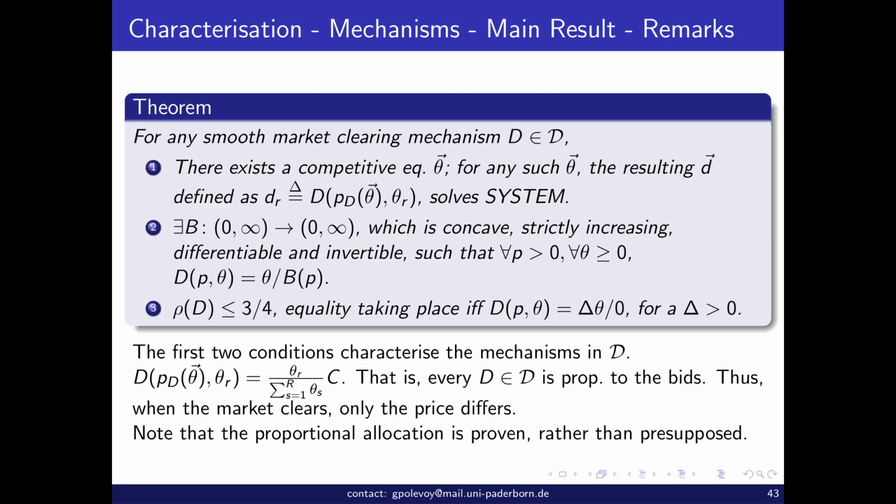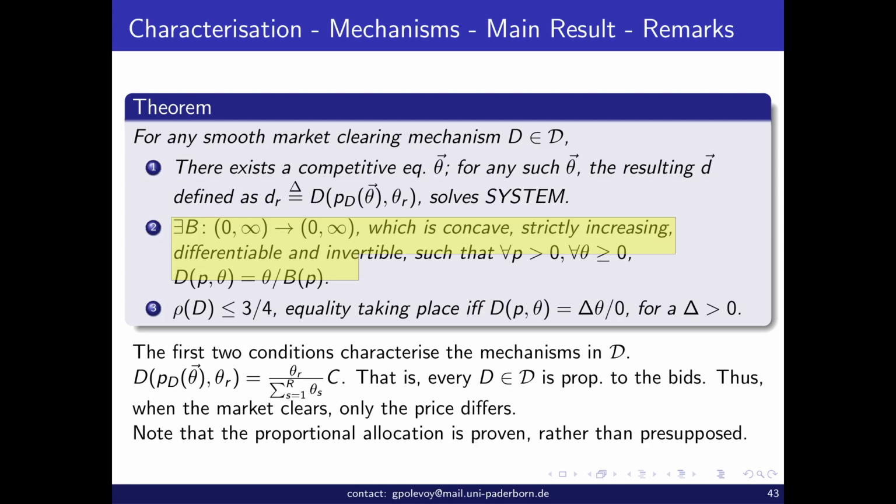Now the proportional allocation here is proven, because we have now shown it's based on 2, which will be proven. So it's not something we presuppose. It's something we suppose, you can say, in the definition of the normal proportional mechanism, where we just assume that the share is your bid divided by the price. But you can also start with that this is proportional.